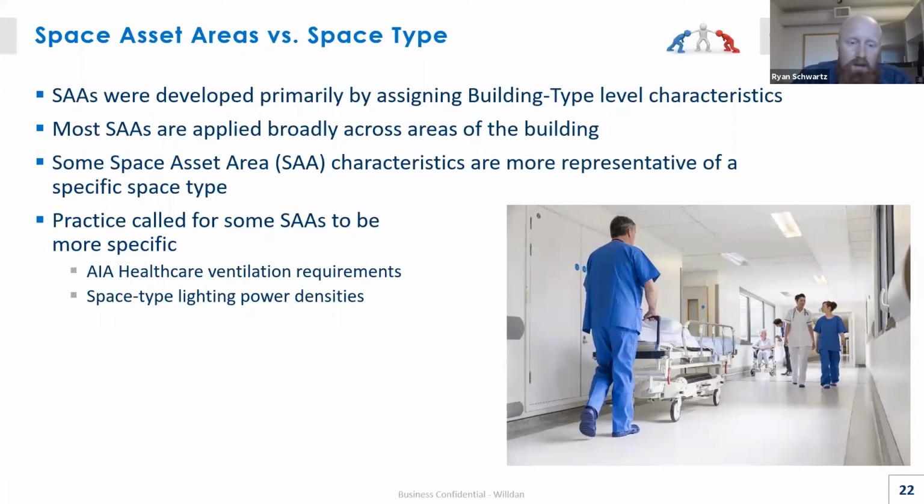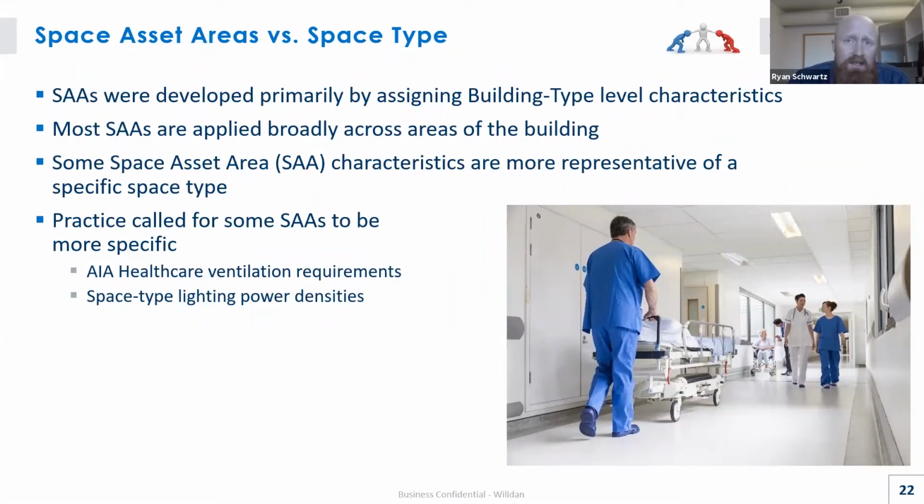We're looking at a space asset area as a little broader piece of the building picture, and they're really what's designed to define that building. When looking at a space asset area, they're assigned based on building type level characteristics to try and capture that program level of detail.